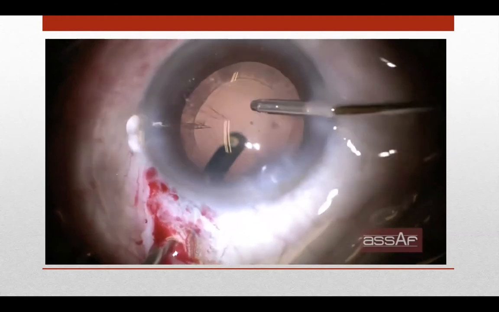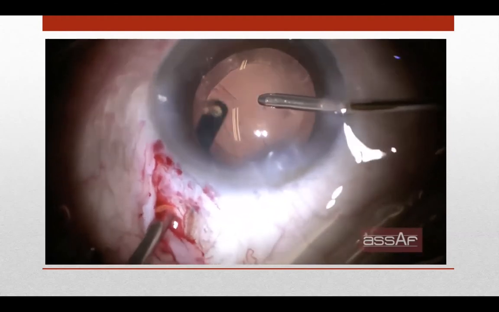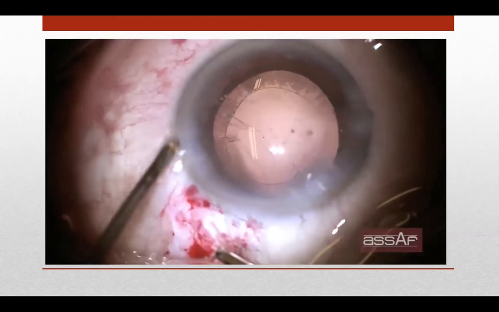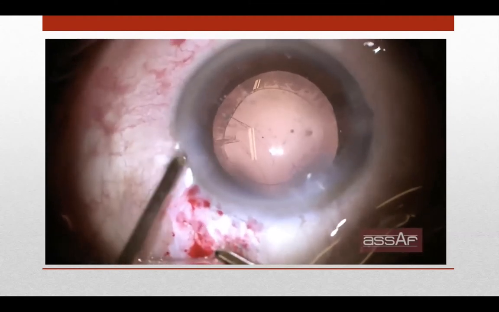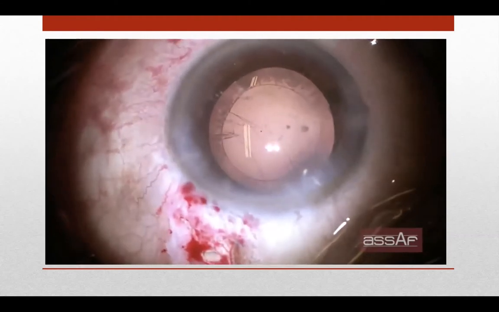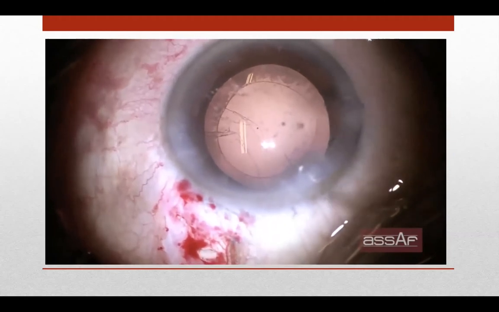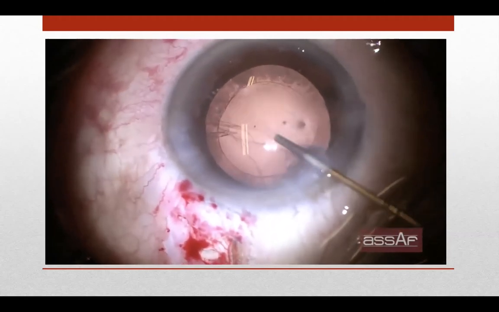And of course, we should be very careful not to injure or damage the posterior capsule. And as you can see, because now we have the anterior segment clear of vitreous and clear of lens matter, you can see that the posterior lens capsule becomes more redundant, and the break seems to be much smaller than I thought.